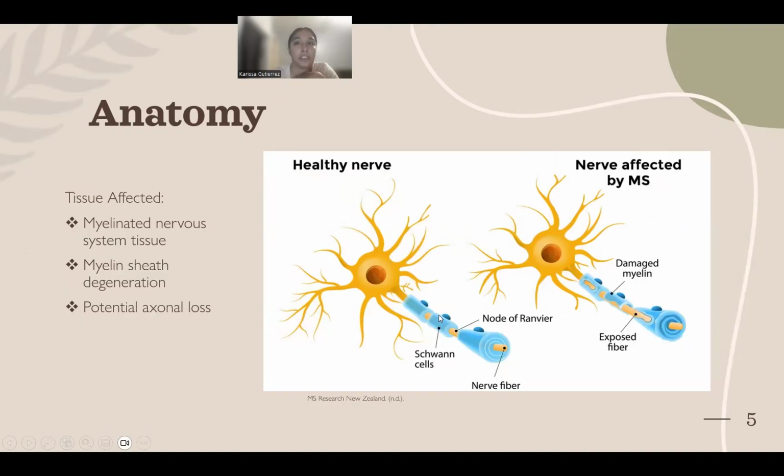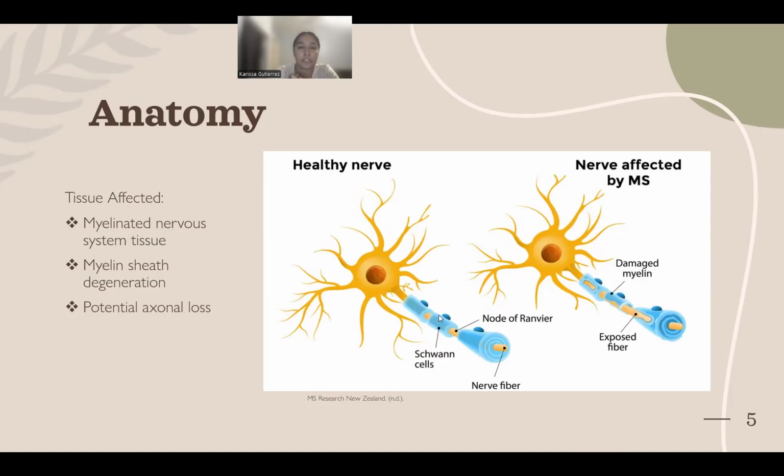So let's zoom in on this slide. It demonstrates how multiple sclerosis affects the cellular level of the CNS. The primary target is the myelin sheaths that wrap around neurons. They are produced by specialized glial cells known as oligodendrocytes.